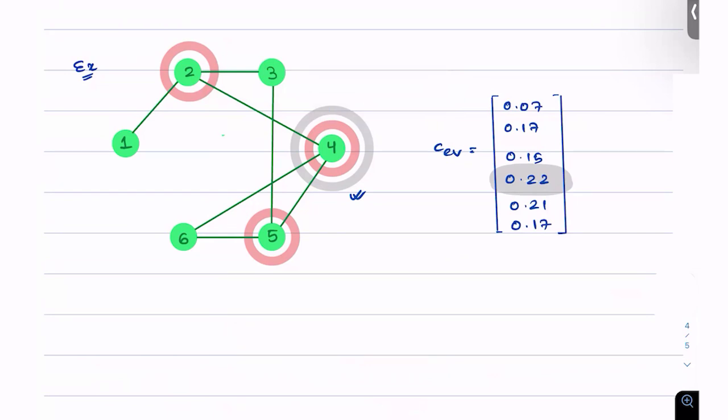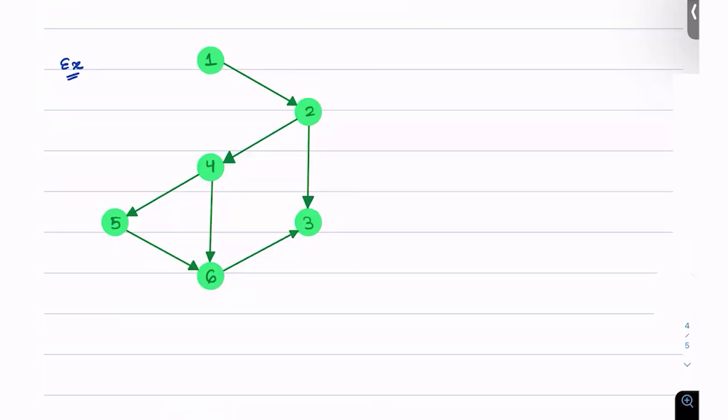Let's apply the notion of eigenvector centrality now to a directed graph. Let us consider the directed graph shown in this figure. So I'll again ask the students to pause the video right here and try it first by yourself and try to calculate what should be the eigenvector centrality score. In the interest of time, let me directly write the solution.